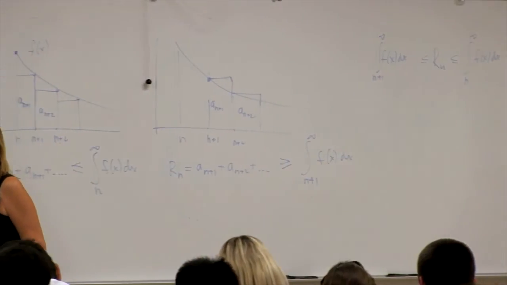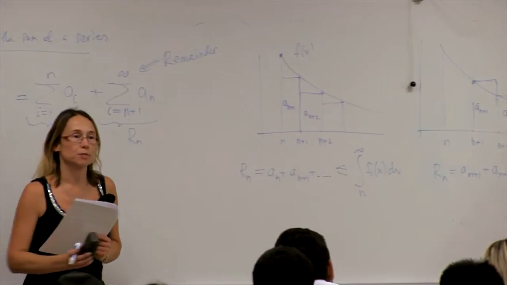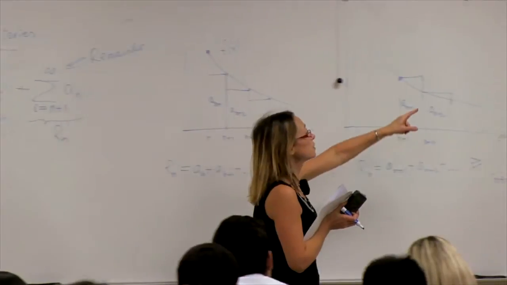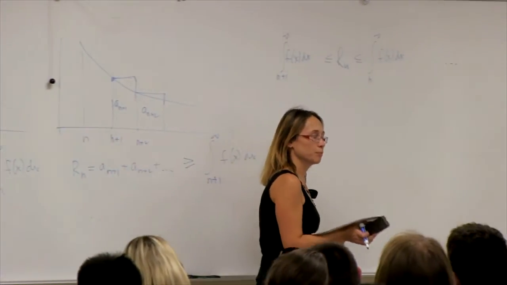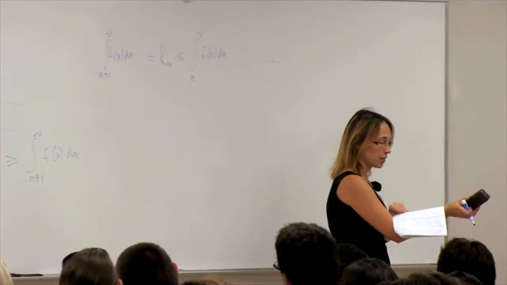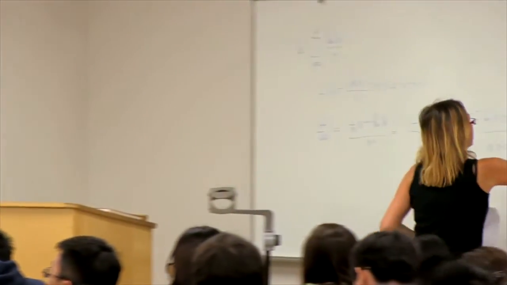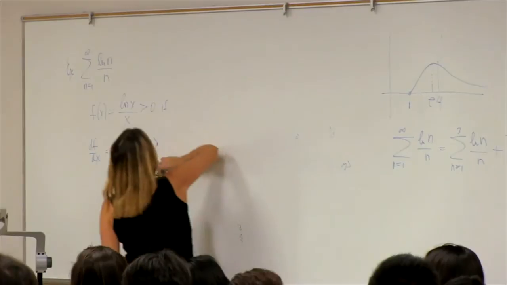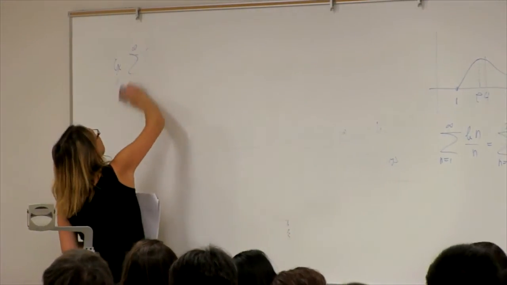So if I want to know what the error is of my approximation, I have to calculate a couple of integrals from this function. And I will give you an example immediately to demonstrate the power of this method. So let's consider a particular example.